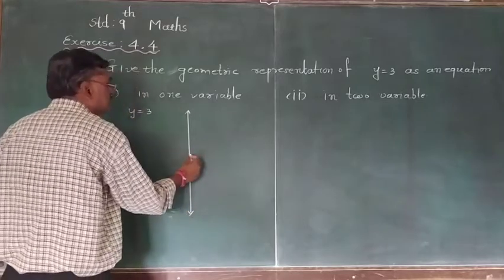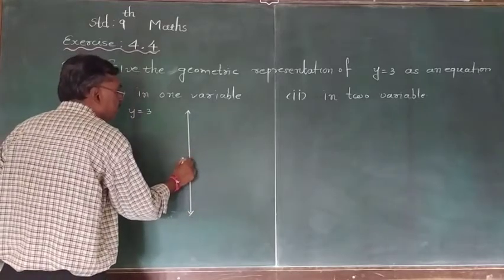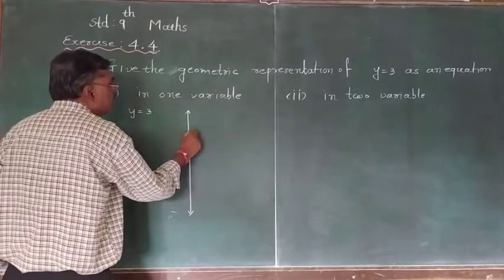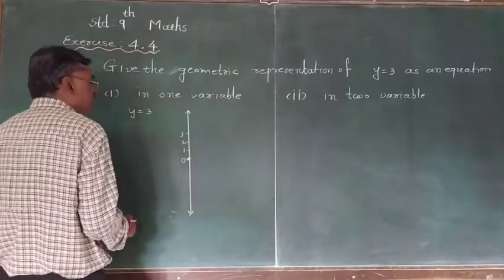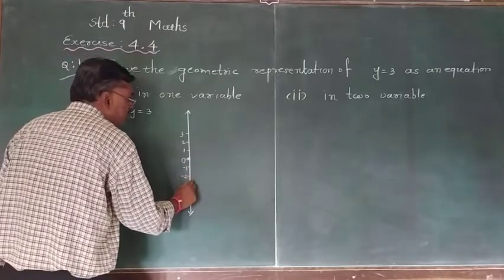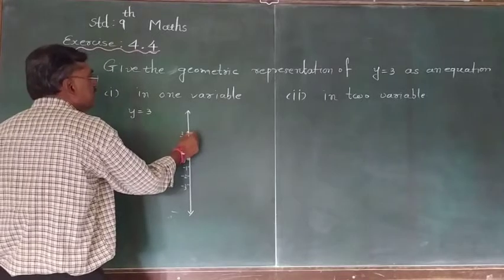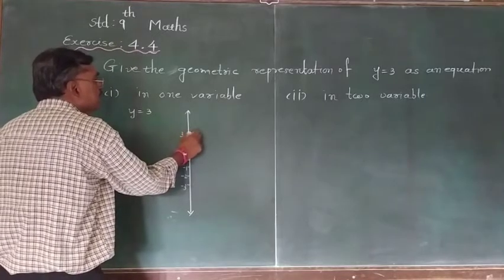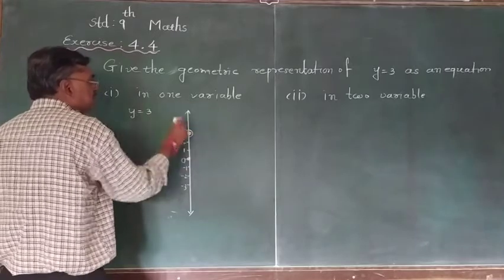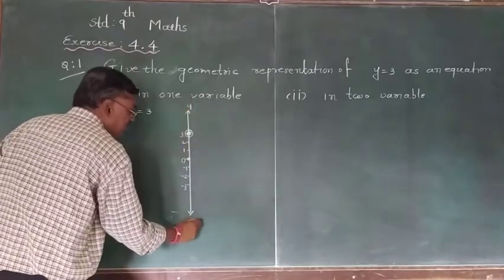Graph. Here is the 0 in between: 1, 2, 3, and here minus 1, minus 2, minus 3. Here y equal to 3. We can represent this point as a geometric representation. This is y and this is y dash.